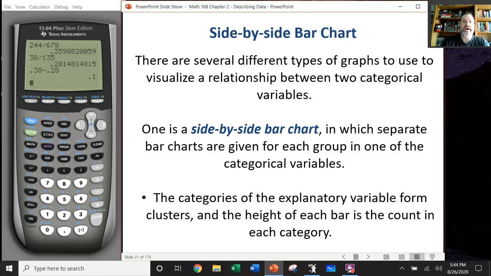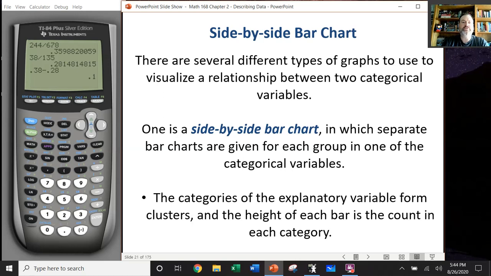So let's look at some visualizations of what we just studied. First, we're going to look at a side-by-side bar chart. It's similar to the bar charts we saw earlier, but separate bar charts are given for each group in one of the variables.